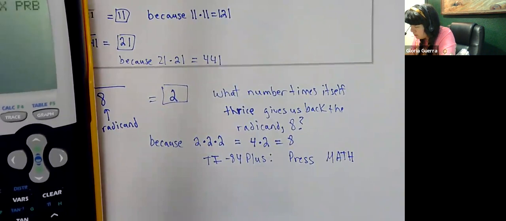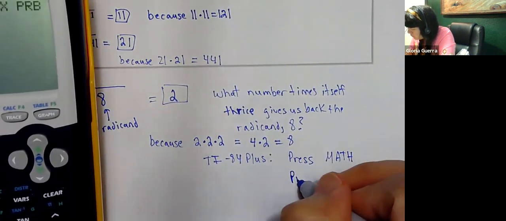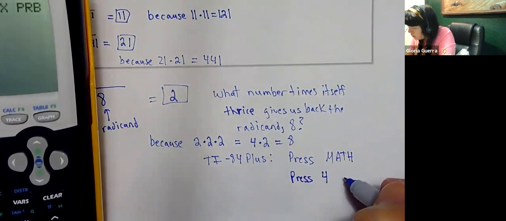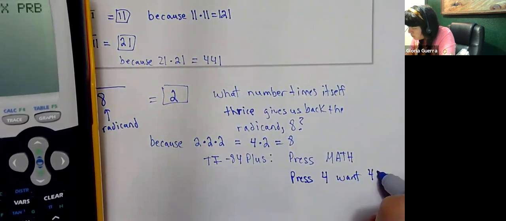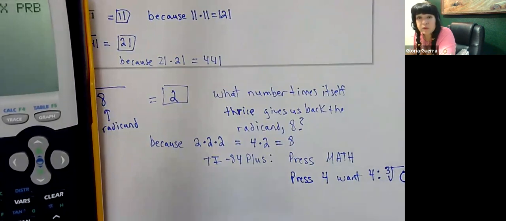I hit math, and then I just press 4, because you want this one for cube root of, and then it has a parenthesis like that.